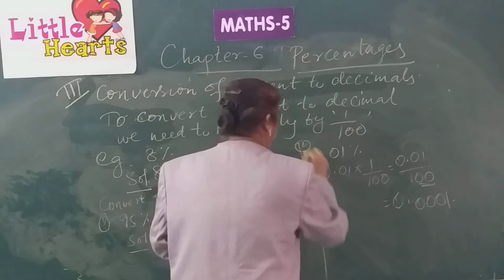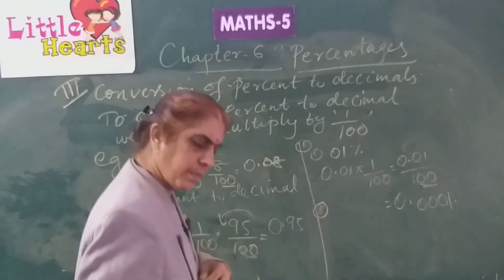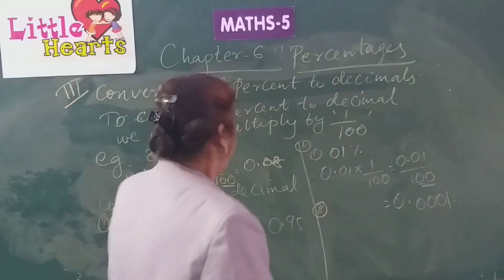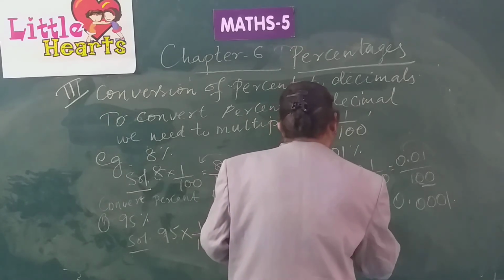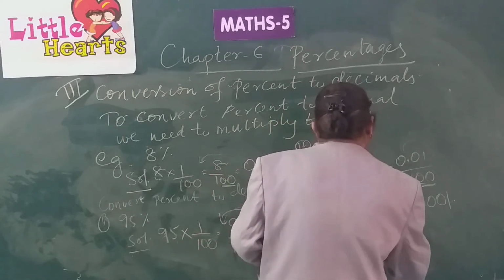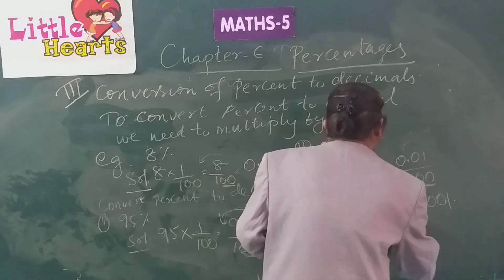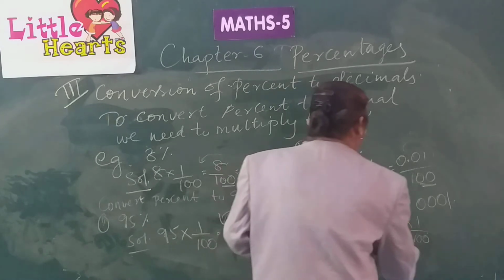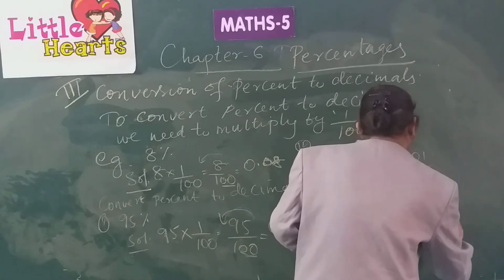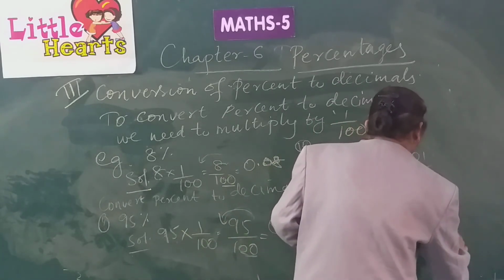The third problem I'll tell you. 16.5%. So remove the percent symbol and multiply by 1 by 100. So 16.5 by 100.